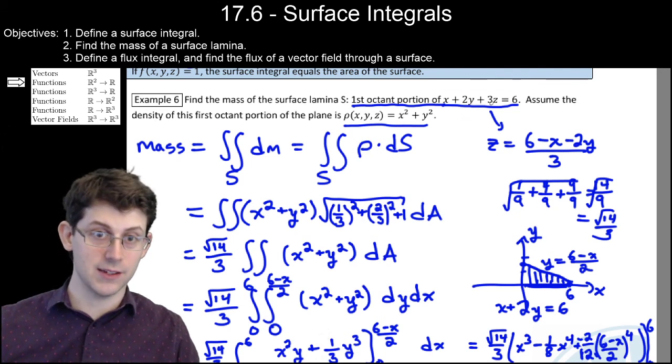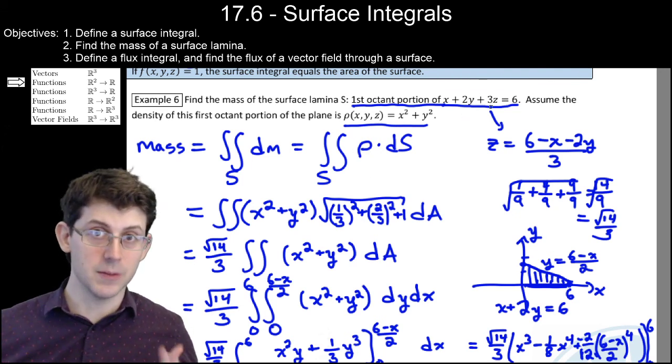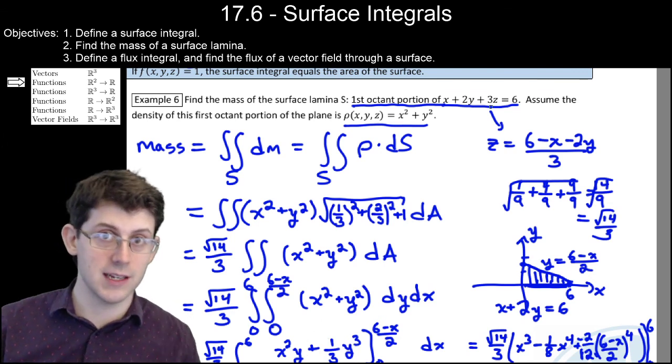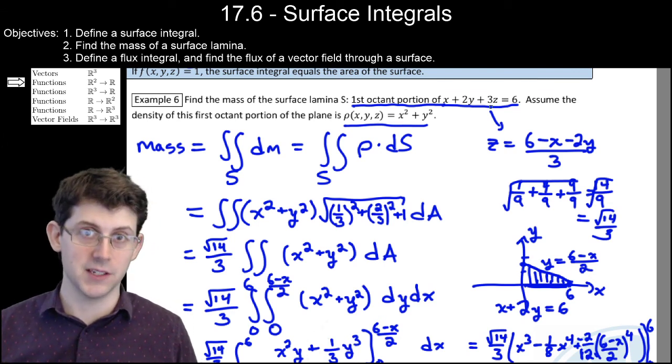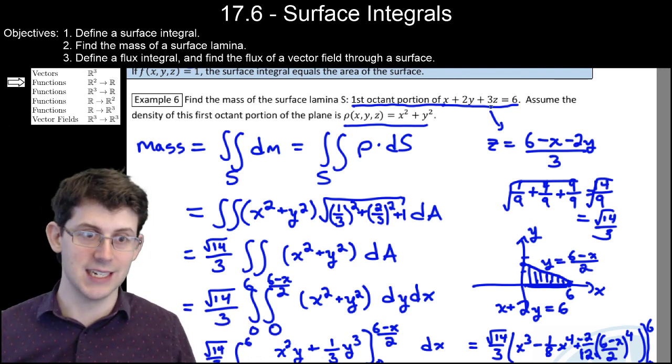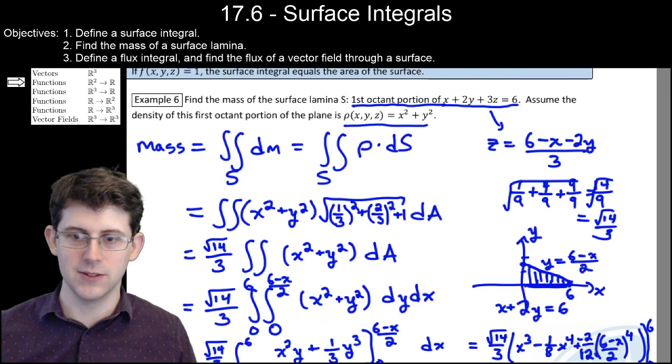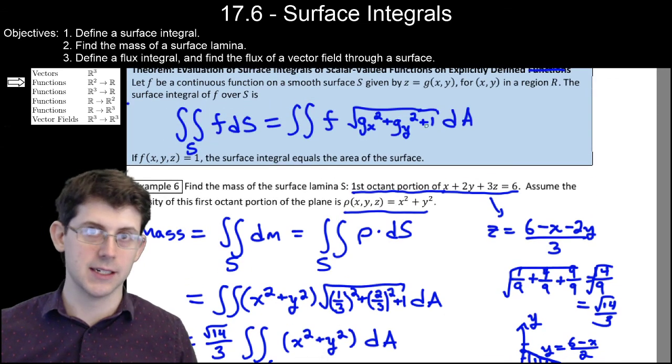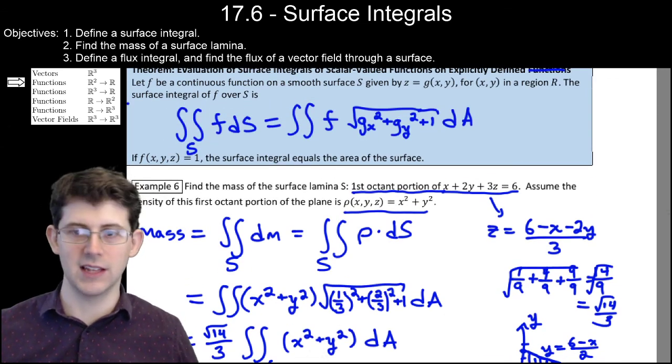Then you see that you need to either parameterize your surface or notice that your surface is explicitly defined by a function. And that this page was about, if you can solve your surface for z in terms of x and y, then you just get to use this formula, which is simpler than the like tu cross tv thing.